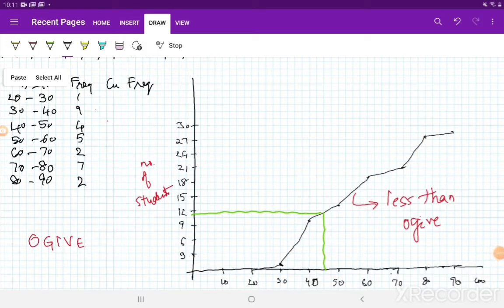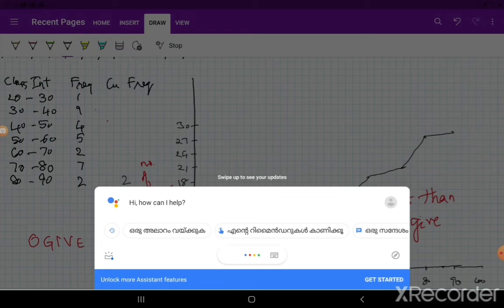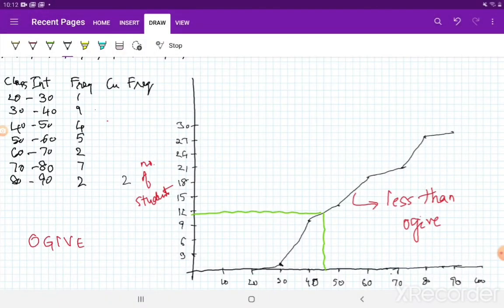Now, similar to the less than ogive, you can also create a cumulative frequency that starts from the bottom. If I ask you the question, how many people receive pocket money more than $70, you will have to add up these two frequencies, and the answer will be 2 plus 7, 9.